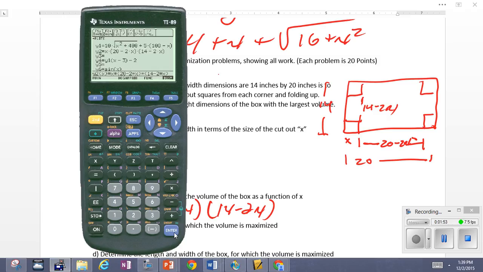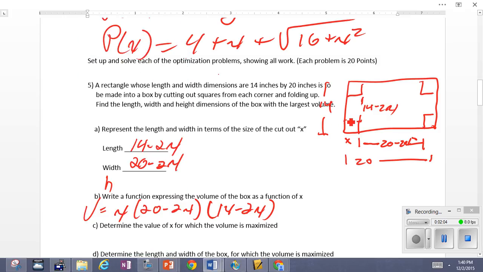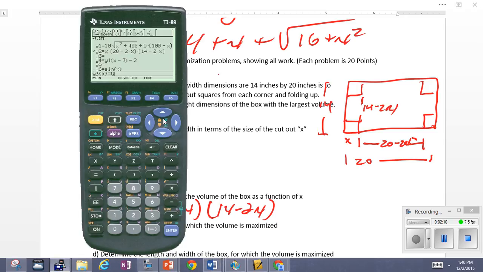So we've got that in there. Now, what are the legitimate values of x? Well, you can't cut away more than half of the length of the shortest side. So we're going to look for values between 0 and 7.